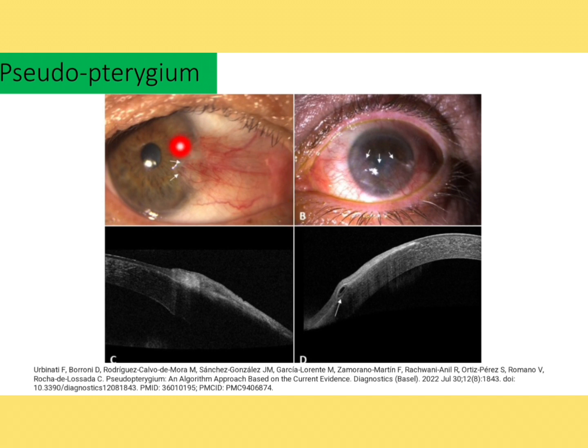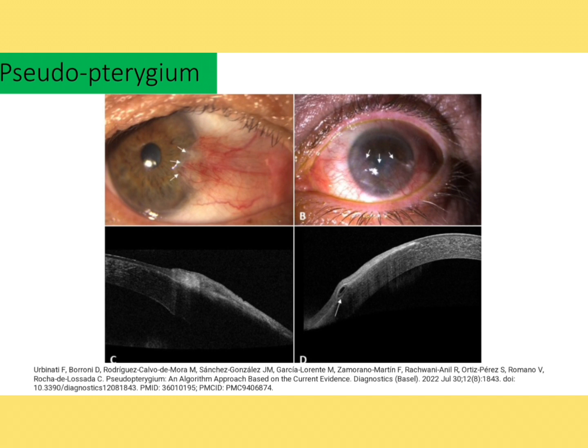So in this pseudopterygium, you will not see head, neck, body part as we see in actual pterygium cases. Pseudopterygium is just the proliferation of bulbar conjunctiva over the cornea after injury that leads to loss of limbal stem cells. So this pseudopterygium can be present in any side of the eye.